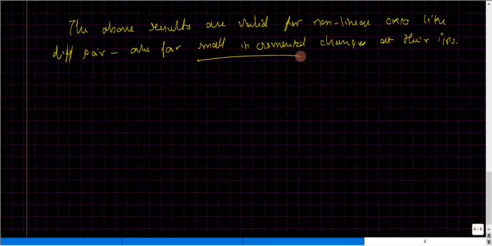So this condition is really important when I want to apply the same concept that we have learned for a linear circuit to a nonlinear circuit like a differential pair.